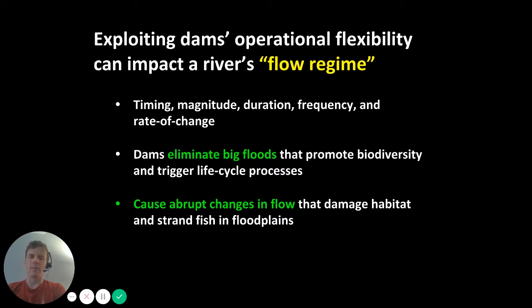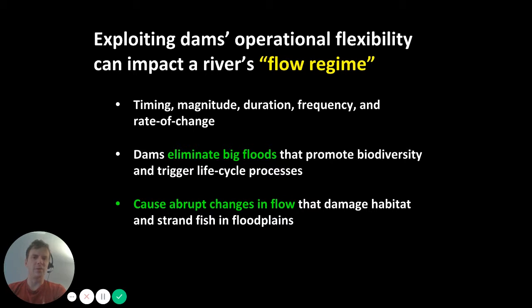One of the things this can do is eliminate big floods. We build dams partially to eliminate big floods. However, big floods from an ecological standpoint are super useful. They weed out non-native species.